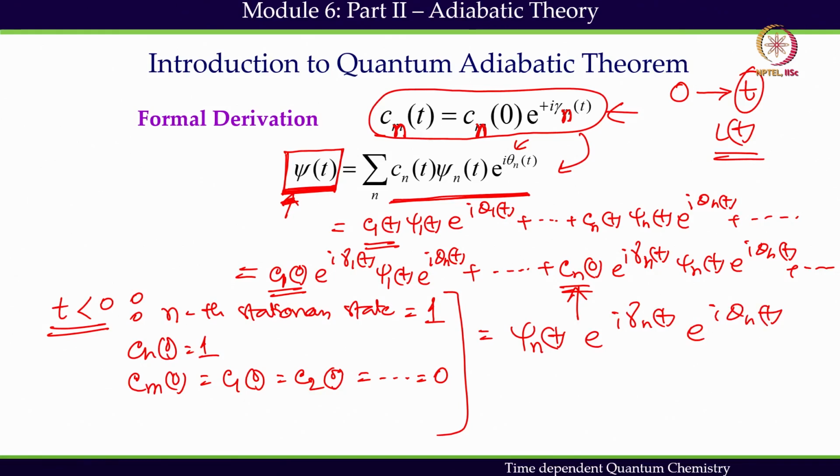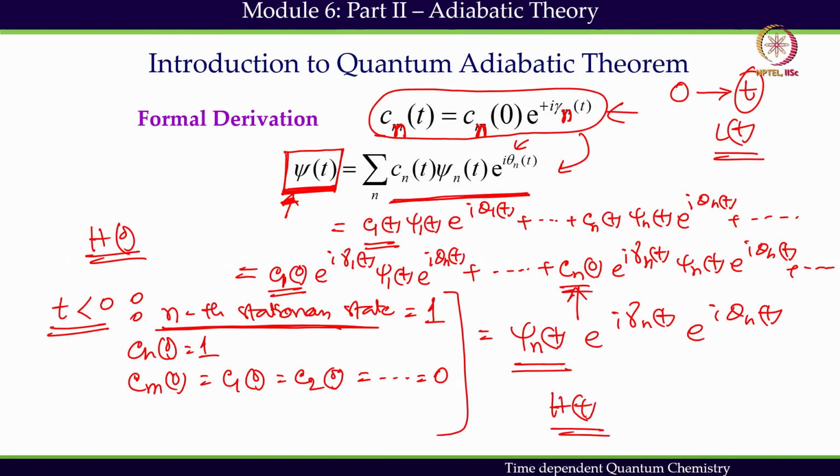So it shows that if I start with the nth stationary state of H0, then finally the particle will stay in the nth state under the adiabatic approximation. This may not be true if I do it quickly. Because the expansion happens very slowly, the particle remains in the discrete nth state of Ht.